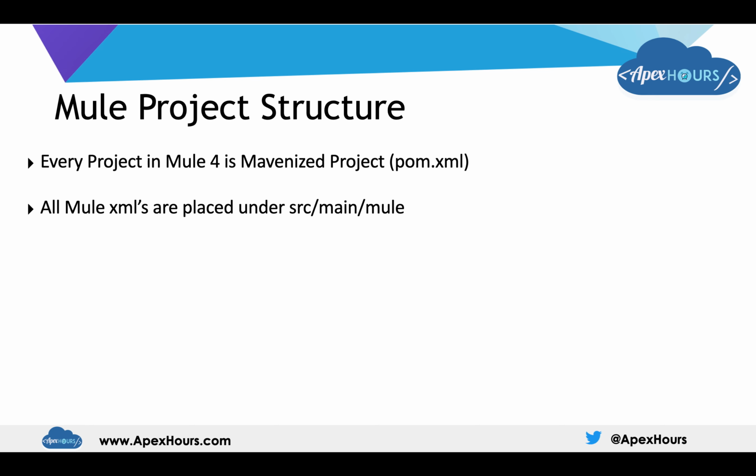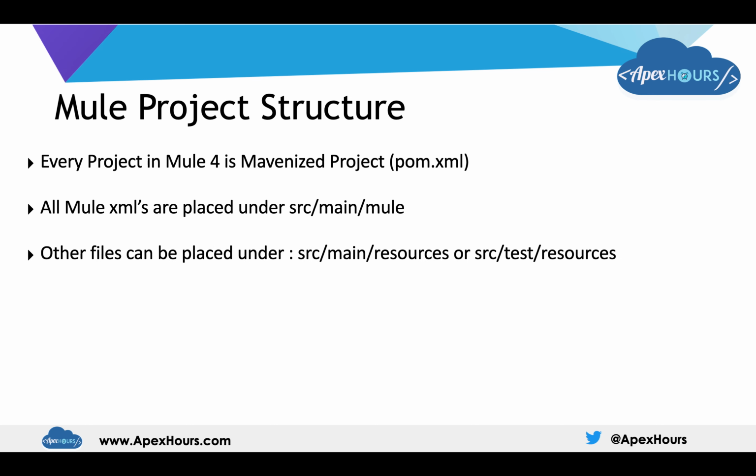I will show you in the project structure. Any other related files which are not Mule XMLs can be placed under source main resources or source test resources. And there is a file called Mule artifact JSON. I don't want to discuss it at this point. Just remember that three things are important for a Mule project: pom.xml, the source folder, with main Mule and main resources under it, and Mule artifact JSON.